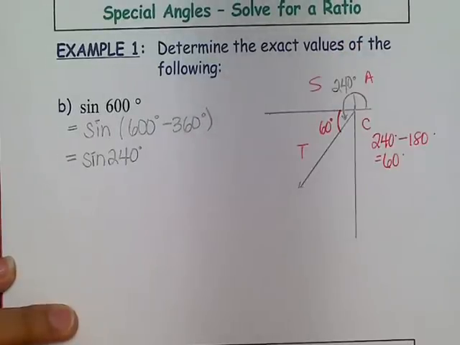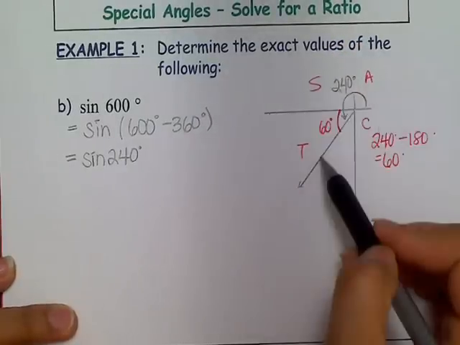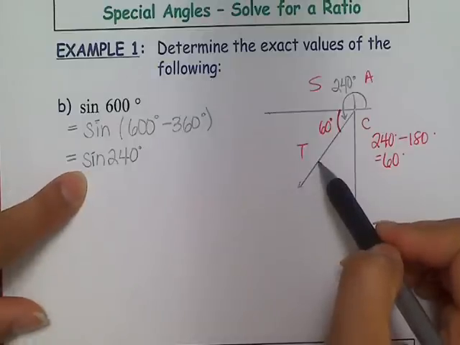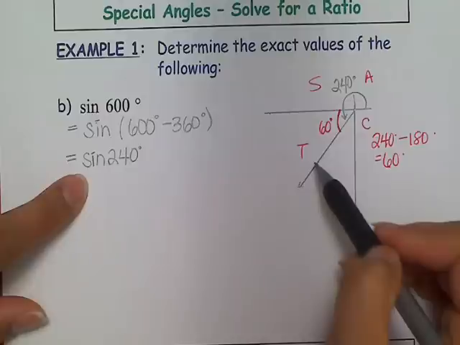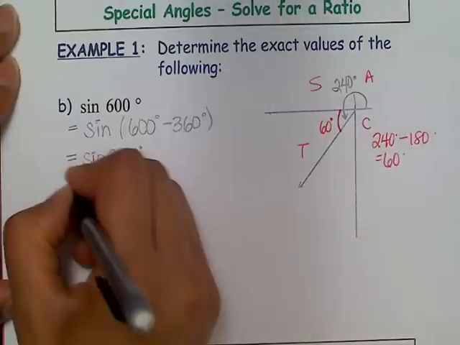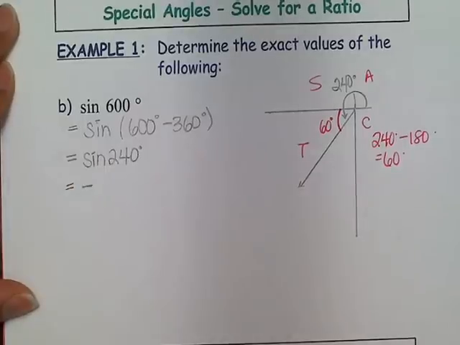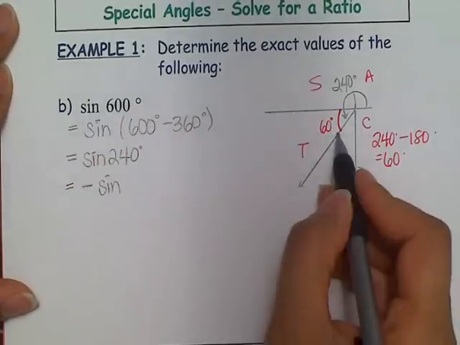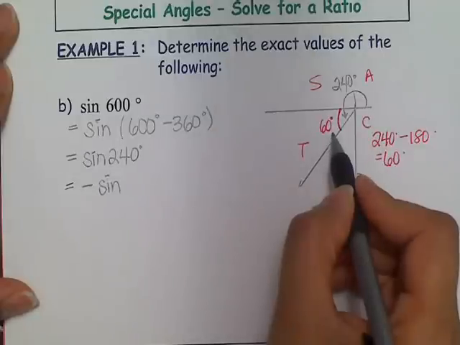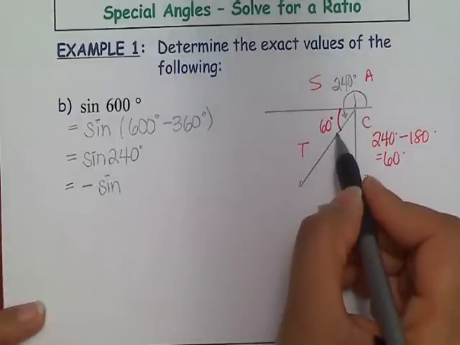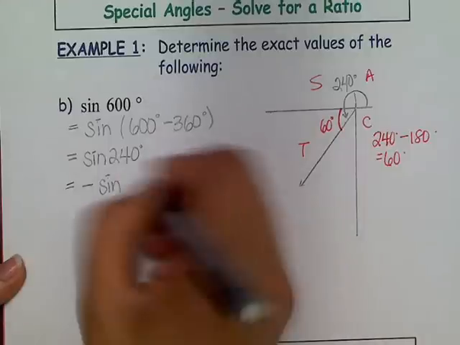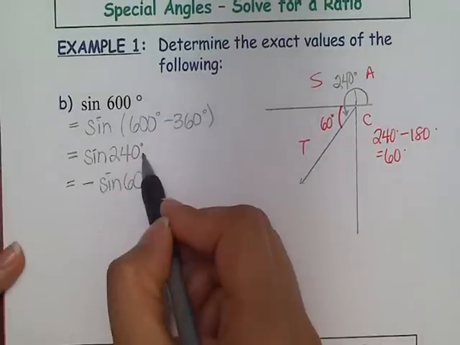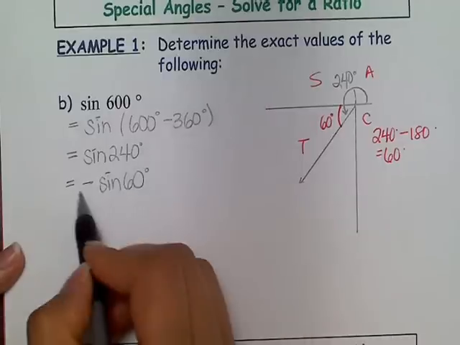Now I'm going to use a CAST rule to help me figure out whether my ratio will be positive or negative. And because I'm looking at an angle in the 3rd quadrant, and my ratio here is sine, sine is negative in quadrant 3, so that tells me that the ratio I'm going to get is going to be a negative answer. On top of that, I'm going to use a related acute angle, because using the related acute angle, I can actually use my 30, 60, 90 triangle to help me solve for the exact value of the sine ratio.